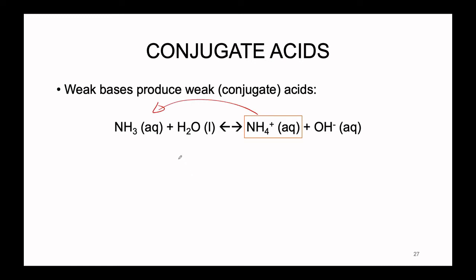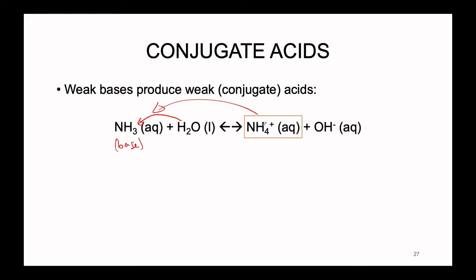So in this hypothetical example, we have ammonia. This ammonia is going to interact with the water, and our ammonia is going to behave as a base. It is going to accept an H+ from the water, which is exactly what we see on the product side. An H+ has left the water, has moved onto the ammonia, giving us the ammonium ion, NH4+, and this leaves us with hydroxide left over.